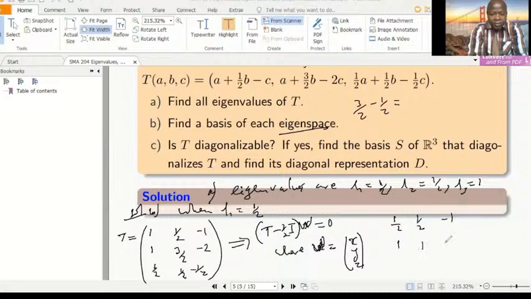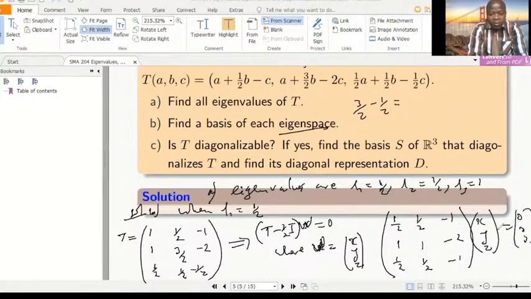And this is negative 2. And then we have a half, we have a half, and this will be negative 1. So this one is only multiplying by x, y, z, and then equating to 0, 0, 0 to find the values of x, y, and z.